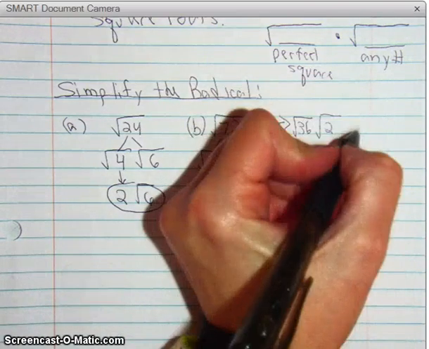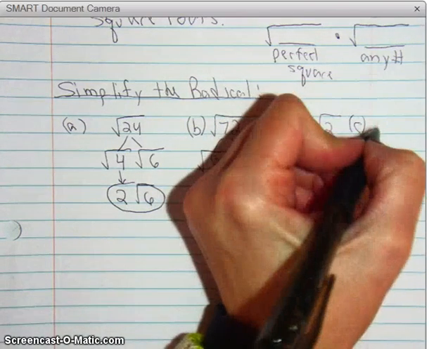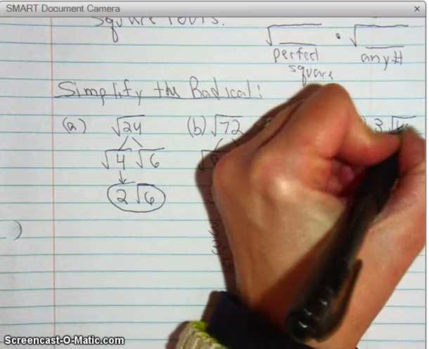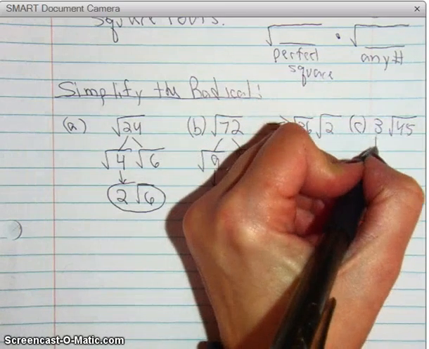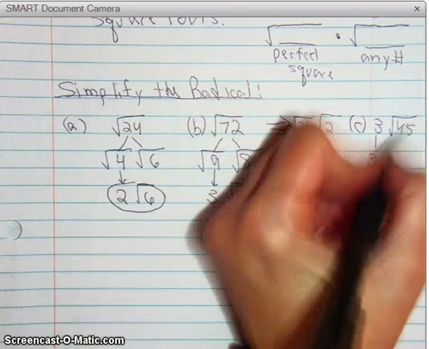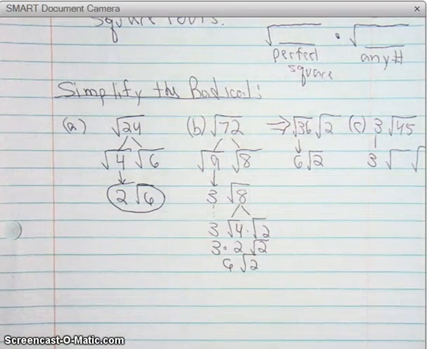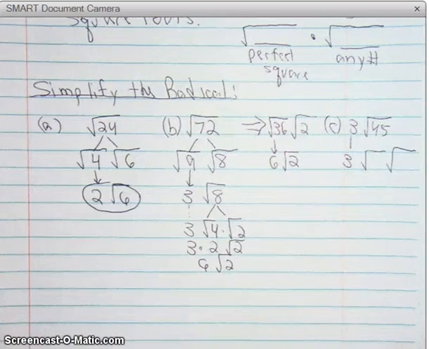Okay, letter C, it's 3 times the square root of 45. So 3 is just going to come down. Jasmine, do you see a number in the list that goes into 45?